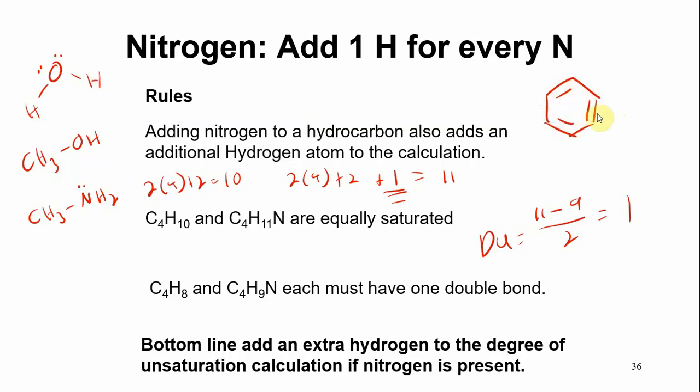How many rings? 1 ring. How many double bonds? 3. This is a degree of unsaturation of 4. So if you have a small molecule, you come up with a degree of unsaturation of 4, and you have at least C6 in there, you've got a benzene ring somewhere. So no, it's not always 1, but sometimes these nice little numbers give you a clue as to what's there before you even look at the IR.